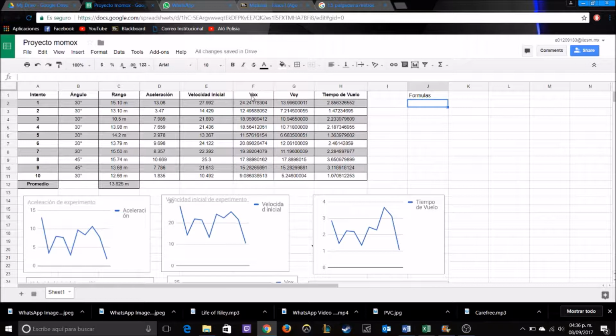We obtained its components in x and its components in y. We also obtained its flight time, and now our results are going to be these ones as obtained.